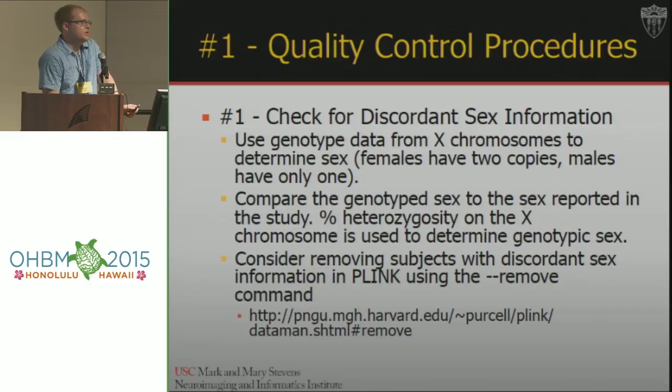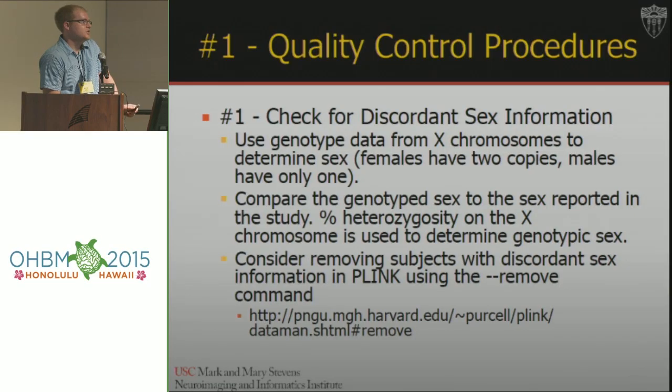And how that plays out when you're genotyping SNPs in that area is that men have to be monogenic at that point, or have a single genetic variant, whereas women have 2 copies. And we can compare the genetic sex based on the percent of heterozygosity at each SNP versus the reported sex.